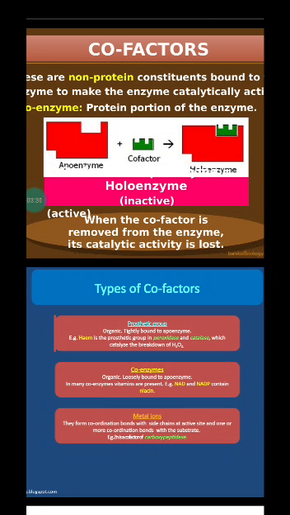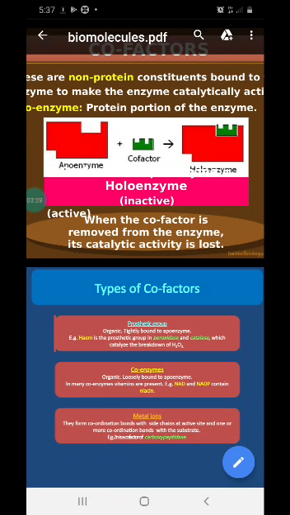NAD and NADP are main parts of the coenzyme, children. What is NAD and NADP? Nicotinamide adenine dinucleotide, and NADP or nicotinamide adenine dinucleotide phosphate, which actually contain niacin, right? So this usually forms the coenzymes, right?